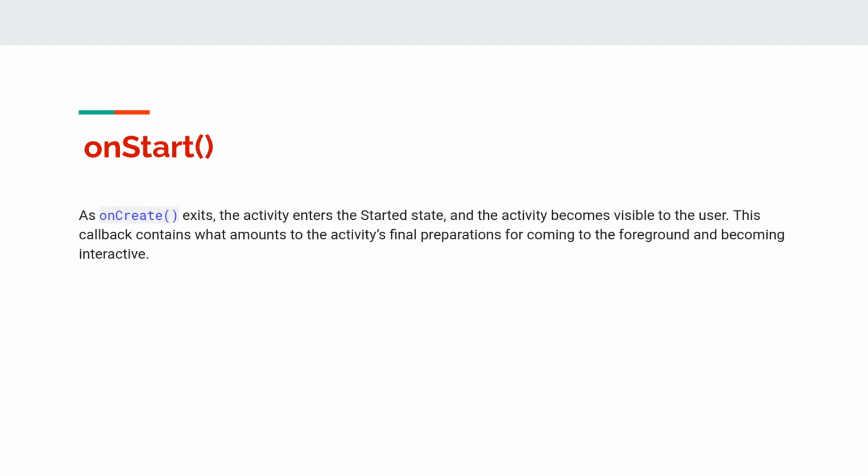Once the activity becomes visible to the user, those tasks which we need to perform, like final preparation and becoming interactive with users and responses, are put inside the onStart method. One example: suppose we have an application in which you have logged in with your Gmail account or any account.